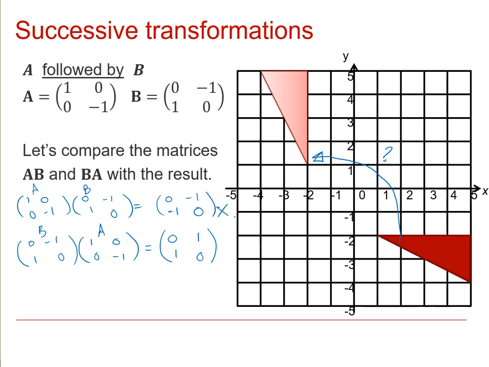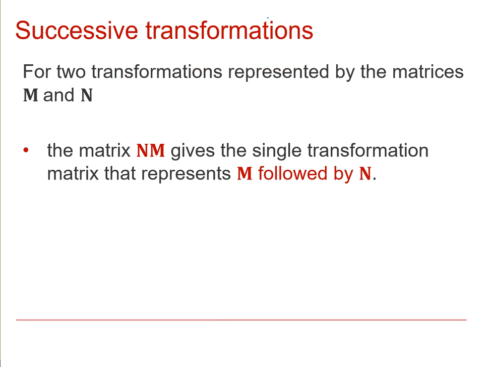This would be a reflection in the line y equals minus x, but we've got a reflection in the line y equals x. And you can see from the two shapes that that is indeed what we've got. So BA would represent the single transformation of A followed by B.